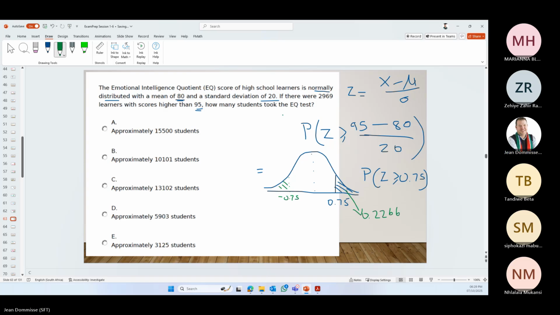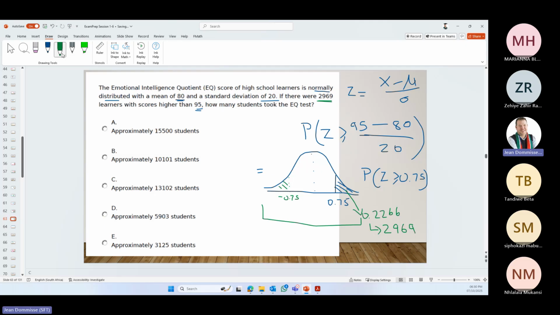But what else do they give us? They tell us that this area that we're looking at also accounts for 2,969 students. And they want us to work out how many students were in this group.